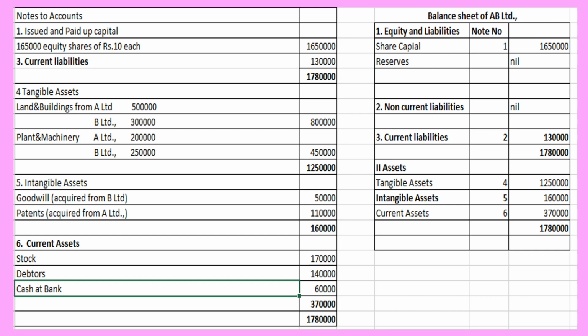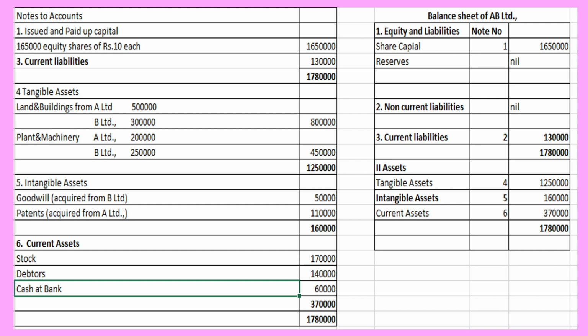16 lakh 50,000. So what is the source for this 16 lakh 50,000? First they will take from the existing company share capital, and if that share capital is not sufficient, then they will go for reserves and surplus. In this problem, in the existing companies, A Limited has 10 lakhs and B Limited has 5 lakhs. Total comes to 15 lakhs.